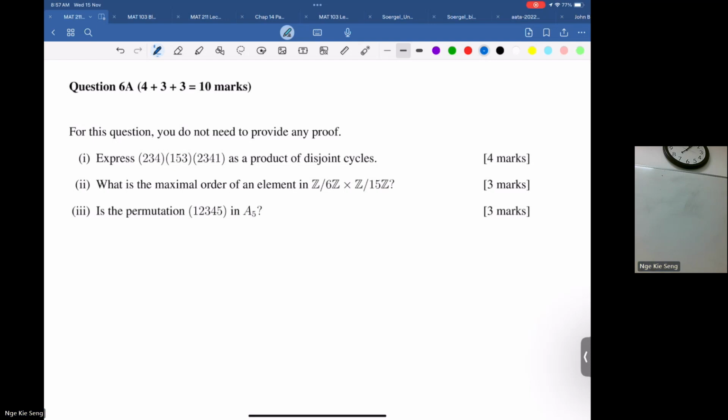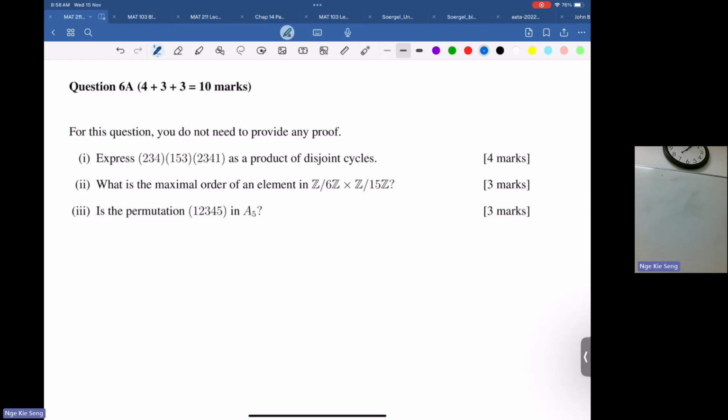Part one: express the product as a product of disjoint cycles. For this question, if you don't know what a disjoint cycle is, then you don't know what to do. What you do is you just expand it out, and then write it as disjoint cycles. Disjoint cycles means the cycles don't have any same number.